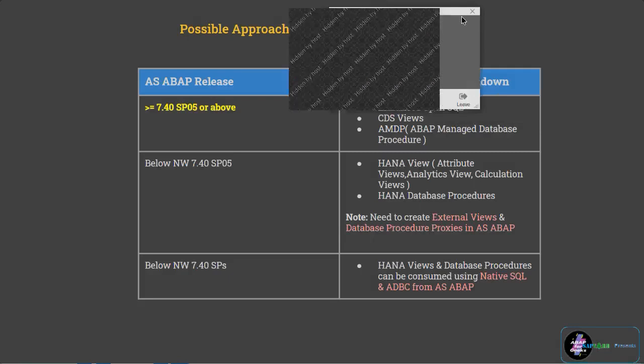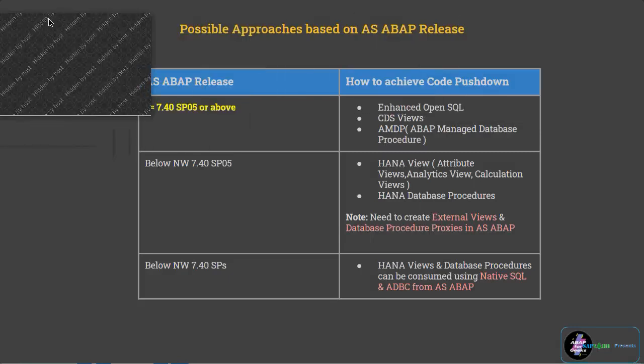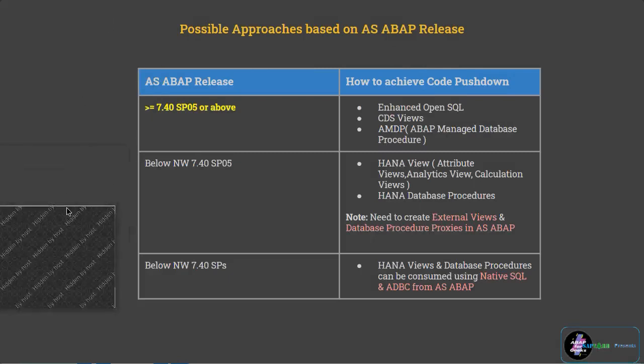If you are having any confusion, just have a look at this chart on when to follow what. For releases greater than 7.40 SP05, you can leverage these code pushdown techniques: enhanced OpenSQL, CDS views, and AMDPs. Below that, unfortunately, if any of you are unlucky enough to work on such a system, you have to go with the bottom-up approach only.